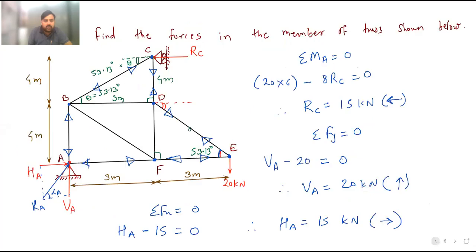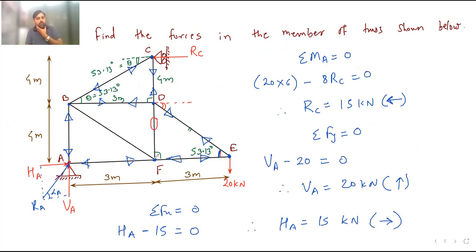Here I can show the direction. DB is tensile, so arrow must be away from joint. And the zero member is shown like this. This is the zero member.